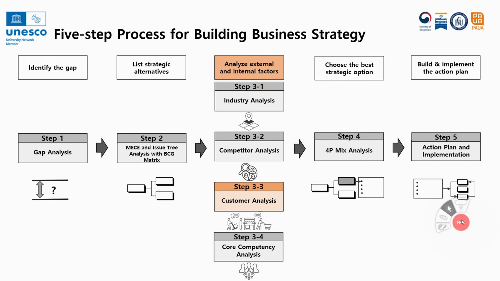So those are the steps of what you have to do in an industry analysis. First, identify the boundary of the industry you want to analyze. Second, review the industry characteristics and industry dynamics. And finally, determine whether the industry is attractive or not. Why do we do the industry analysis?